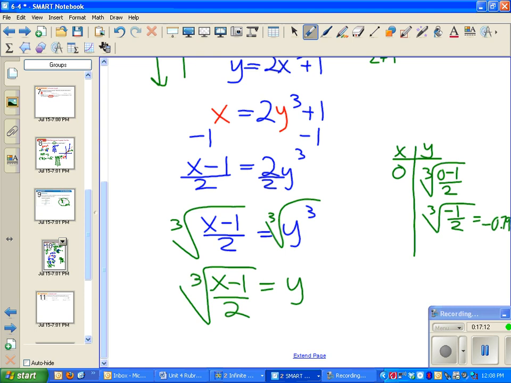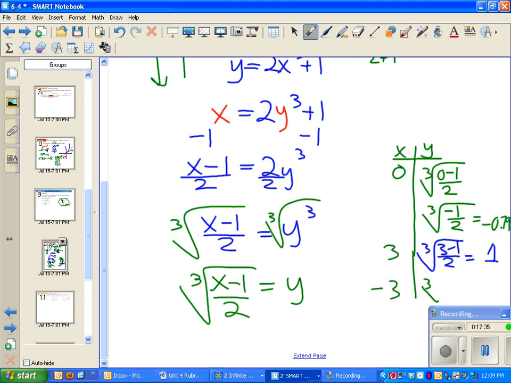Okay. We can also plug in 3. 3 actually makes it a nice number. We have the cube root of 3 minus 1 over 2. 3 minus 1 is 2. 2 over 2 is 1, and the cube root of 1 is 1. Negative 3 won't be a nice number, but that's okay. We can put it in our calculator.